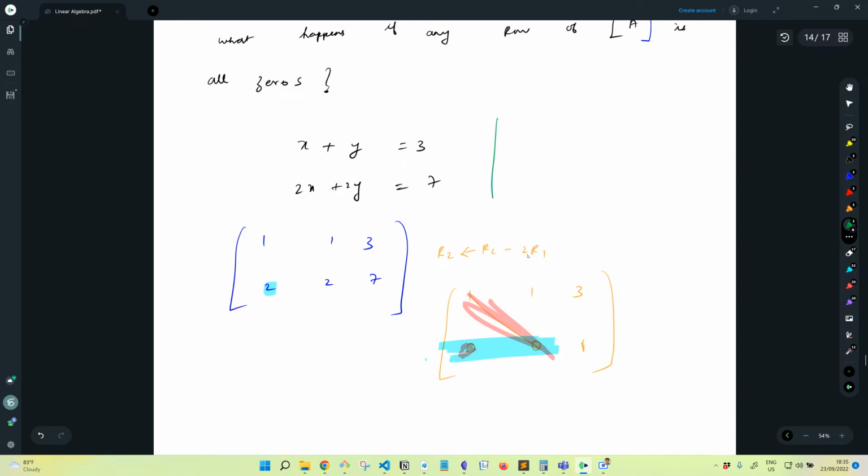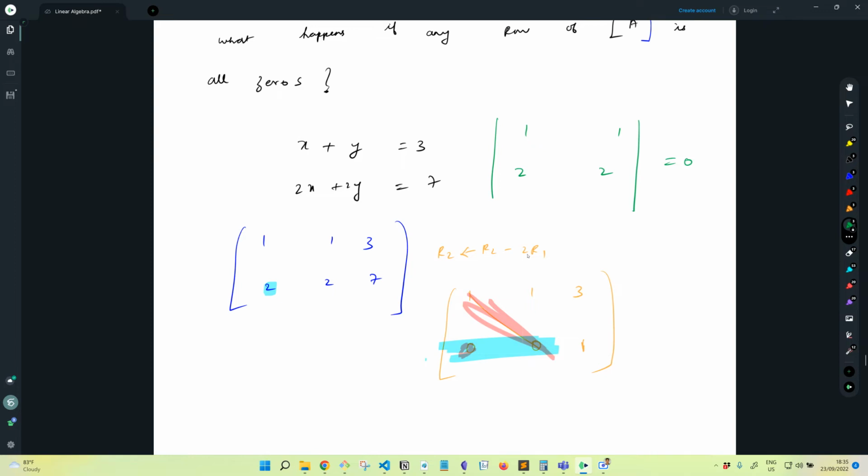Is it the case? Is determinant of A, that is determinant of 1, 1, 2, 2, zero? Yes, this is 0. In fact, that is true.